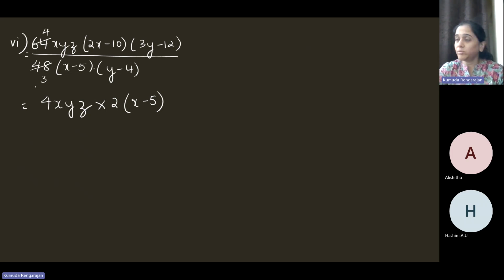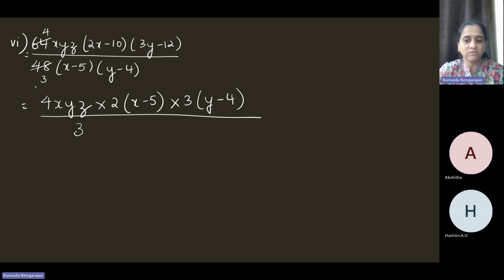In the bracket you will get x minus 5. Again what's common? 3. In the bracket you will get y minus 4. 3 into y is 3y, 3 into minus 4 is minus 12. Divided by what is in the denominator? 3 into (x minus 5) into (y minus 4).